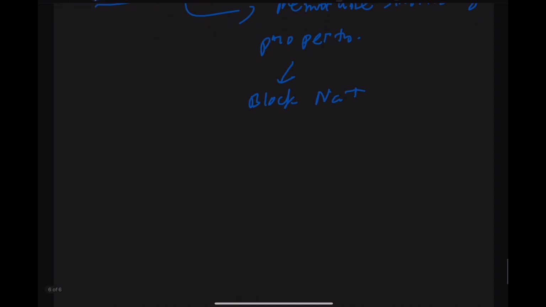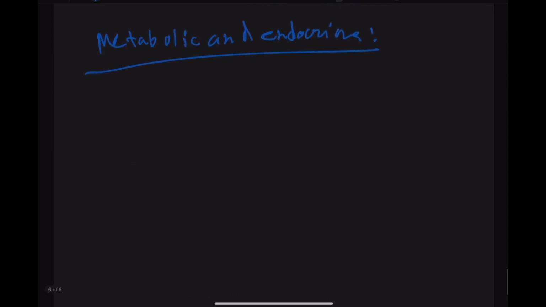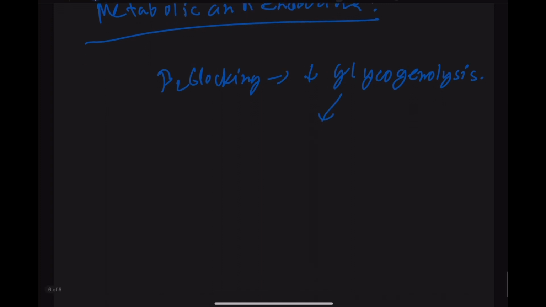Okay, so what are the metabolic and endocrine effects? Let's see. By beta 2 blocking action, it decreases gluconeogenesis. It decreases glycogenolysis, and so causes hypoglycemia.